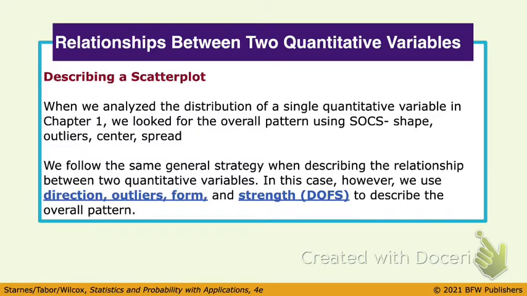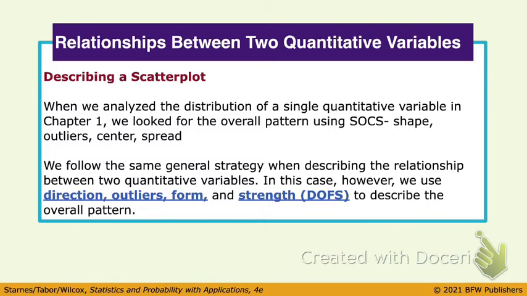DOFS: direction, outliers, form, and strength. It's not as cool. If I say, hey guys, what does DOFS stand for? Doesn't sound as fun, right? But that's what it stands for.